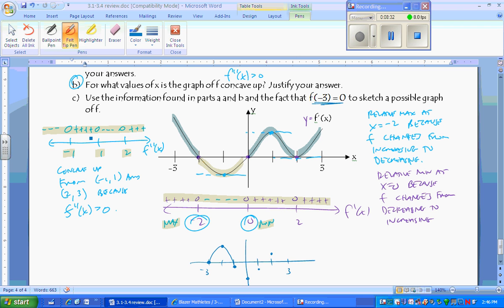Then from -1 to 1, concave up. From 1 to 2, concave down. And then from 2 to 3, concave up. So that's what our graph should look like. That's the graph of y equals f of x, our original function. Looks like that. That's what its derivative looks like.